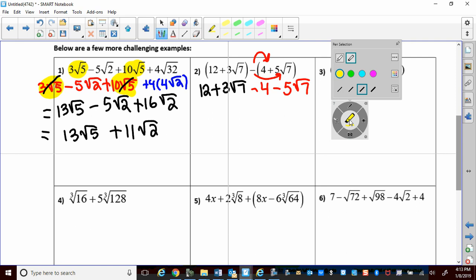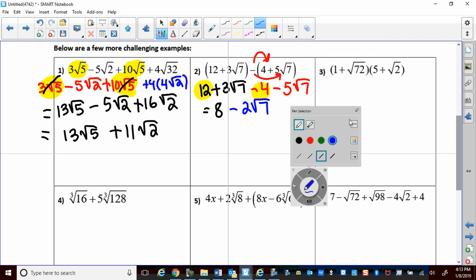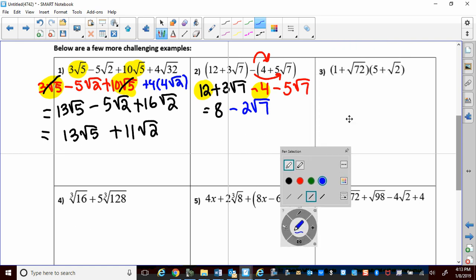Combining the like terms, I have 12 and negative 4. That's going to give me 8. And then I have 3 minus 5, or negative 2 square root of 7. All right, and that's my final answer.